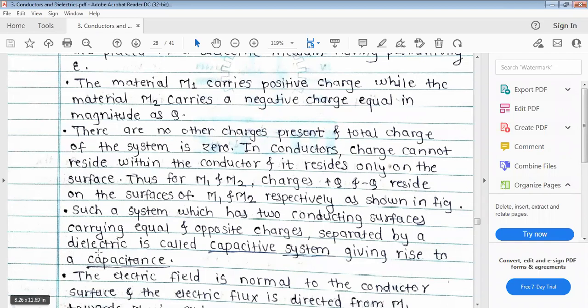These are separated by a dielectric, and it is called a capacitive system, giving rise to the capacitance. So when we consider such a system where the two conductors, one positively charged and another negatively charged, have a dielectric material in between them, then it is nothing but a capacitor, or it gives rise to a capacitance.